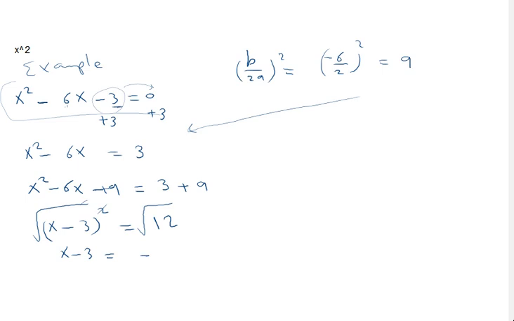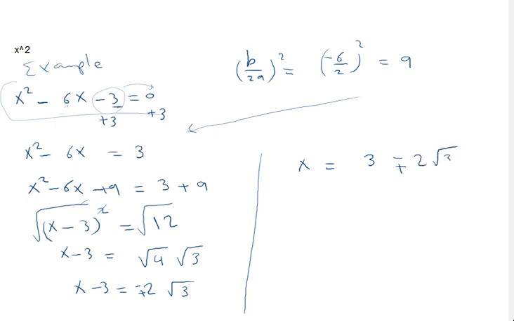This root here is the square root of 3 multiplied by the square root of 3, so x minus 3 equals plus or minus 2 multiplied by the square root of 3. In this case x equals 3 minus or plus 2 multiplied by the square root of 3. These are the solutions of the quadratic equation.